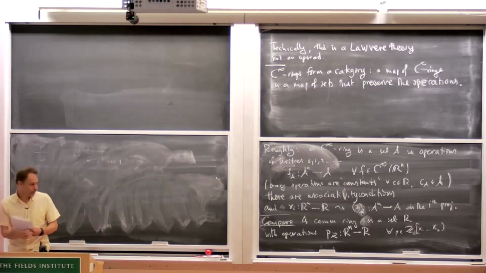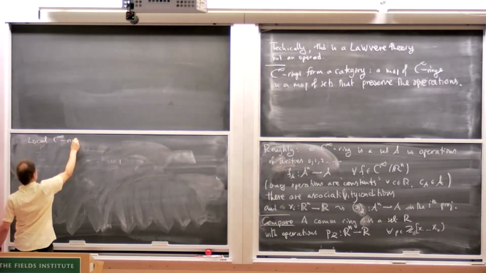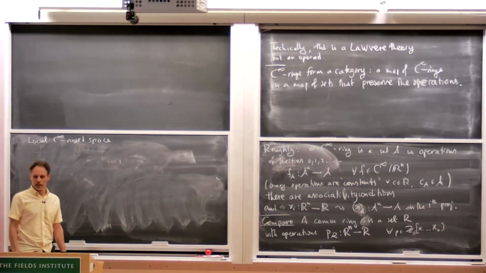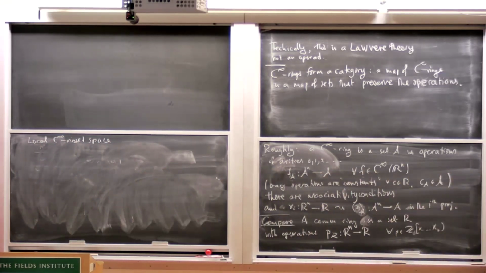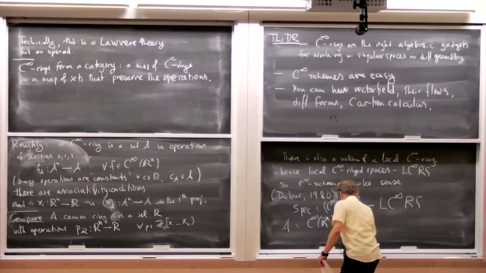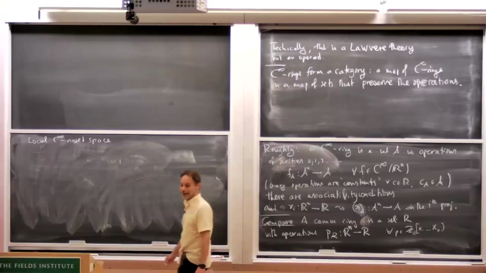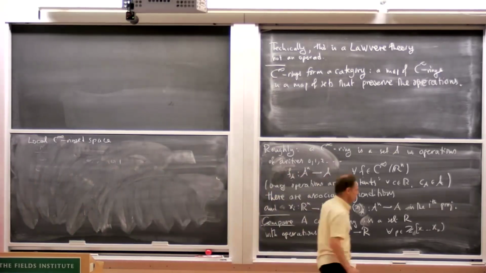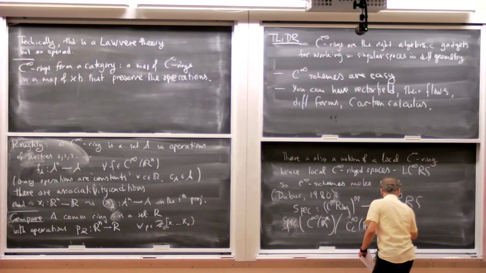The funny ring you could take is C-infinity of R^n, mod out by the ideal of compactly supported functions. Take Spec. You'll get nothing. Spec is the empty space with the zero sheaf.